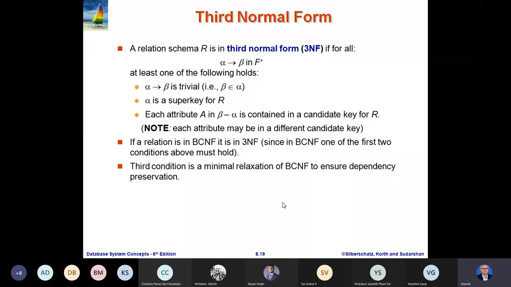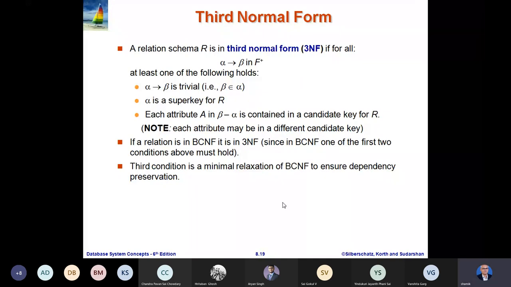Each such attribute in beta minus alpha is contained in a candidate key of R. So any attribute in beta minus alpha must be contained in some candidate key of R. What is very important is that each attribute must be contained in a candidate key of R, and not necessarily in the same candidate key of R. So each attribute may be in a different candidate key.